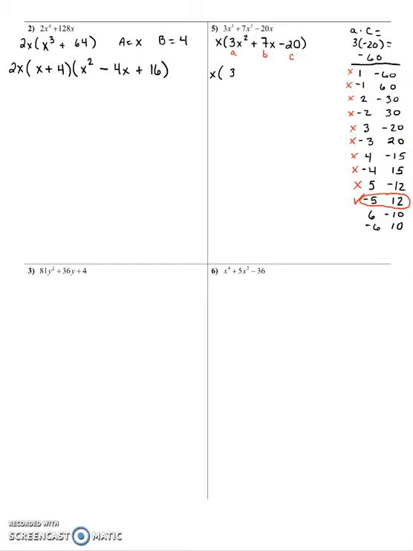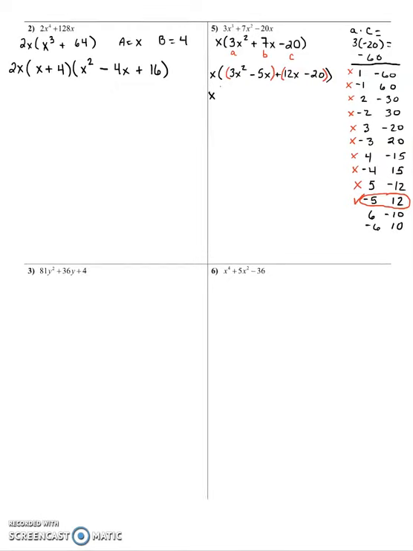So we have 3x squared minus 5x plus 12x minus 20. And we're going to group the first two terms and group the second two terms.